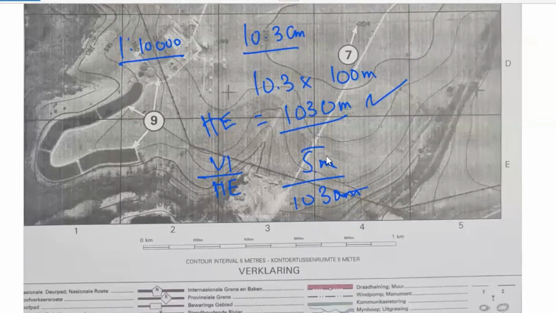The meters will cancel each other. What we need to do here, our gradient must be expressed as a ratio with a numerator equal to 1. So what we must do with the numerator is we must reduce it to unit by dividing by itself. We divide by the value of the numerator. So we are now saying 5 divided by 5 and 1,030, we also divide it by 5.